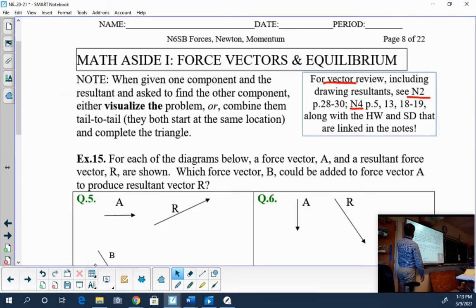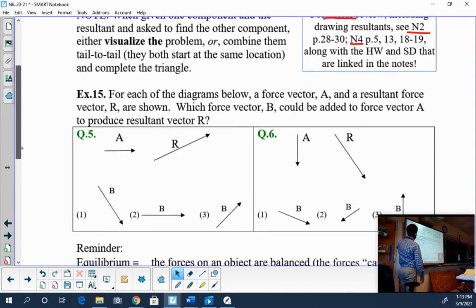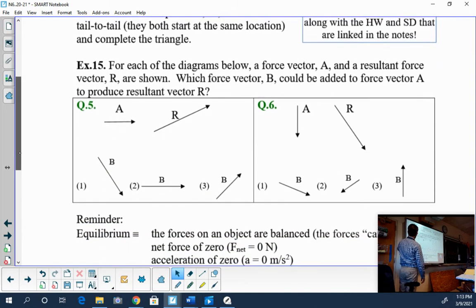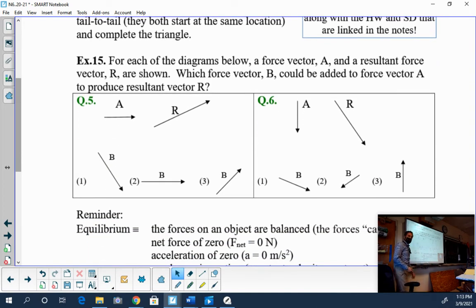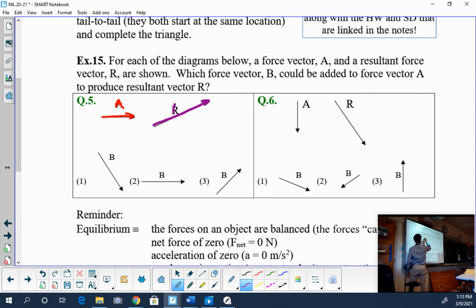So we're going to mess around with this a little bit more. Here's one of the scenarios we have. It's like a reverse scenario where we give you a component like A right here, and we give you the resultant like R right here, and we ask you, what is the other component down here?